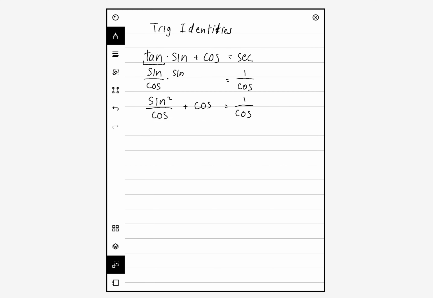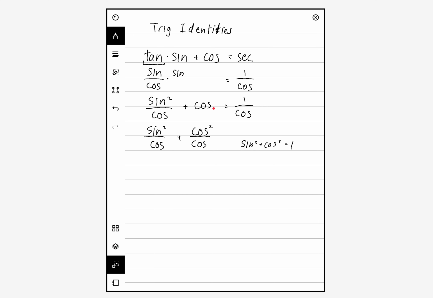All right, and I mentioned that because look, we have this one over cosine, but then we have just cosine. But remember, I was mentioning that there's the equation sine squared plus cosine squared is equal to 1. If I could get this guy over cosine, and then this becomes cosine squared, that would become equal to 1. So let's do that. Let's do sine squared over cosine plus cosine over cosine there, right?